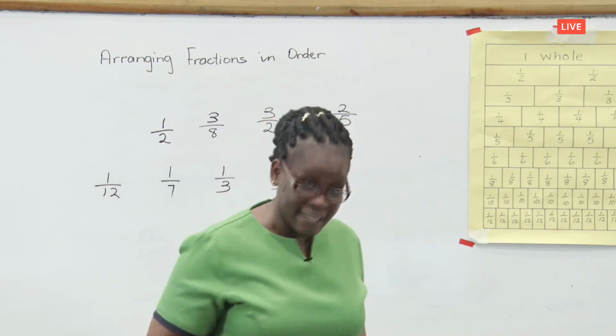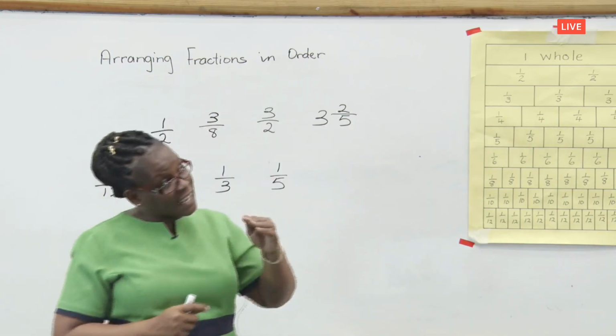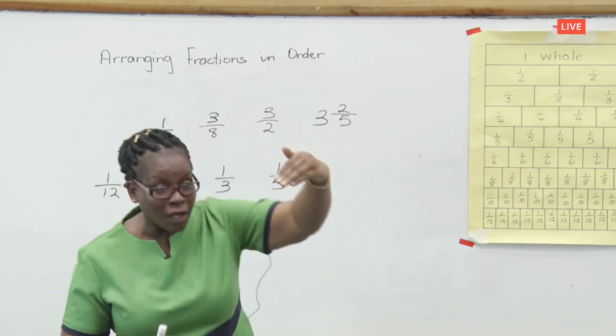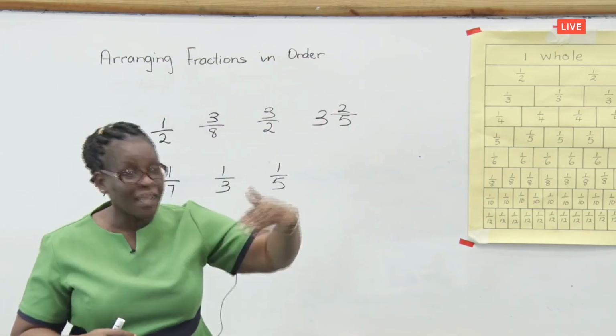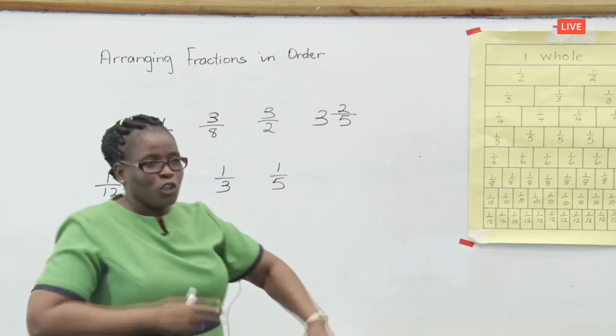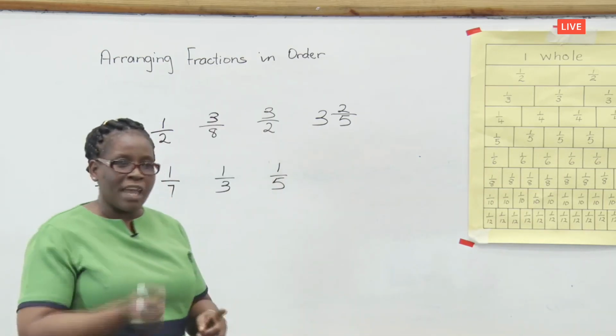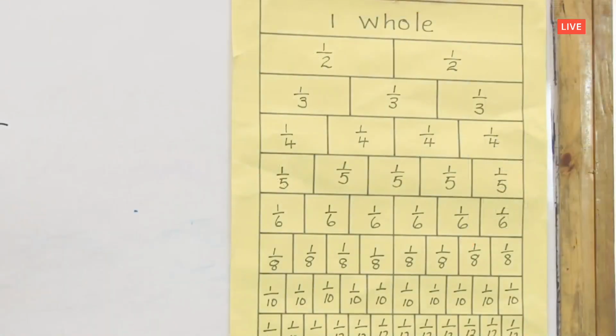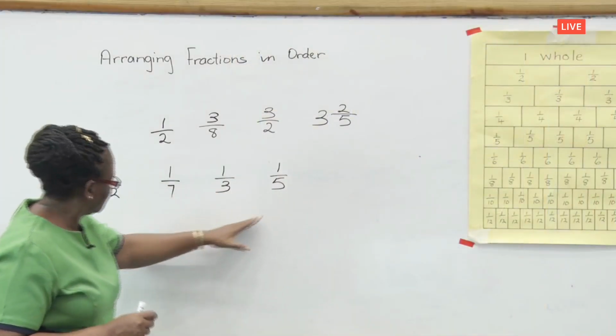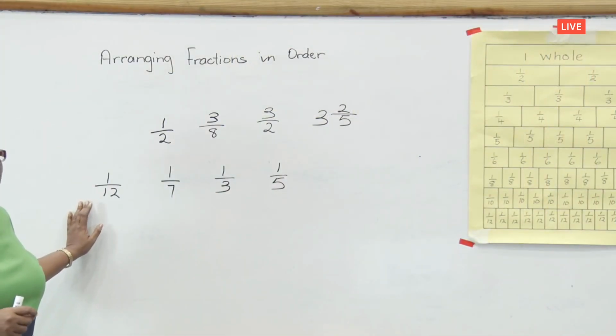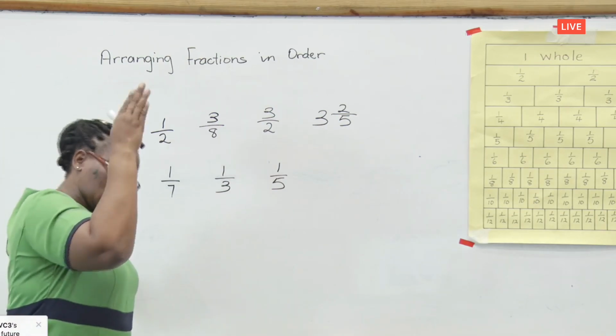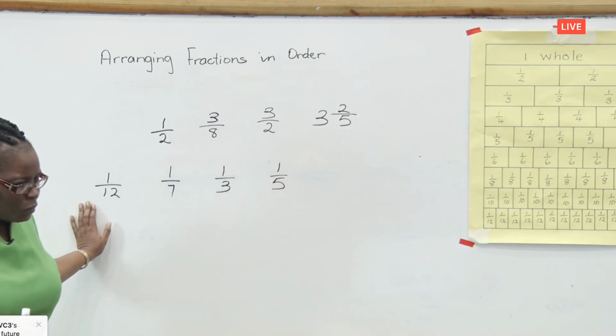So the A for above and the A for ascending. And descending, we're going down. D for down and D for descending. So you should get those terms easy by their first letter. So let's say we have these fractions, and we are going to arrange them in ascending order.